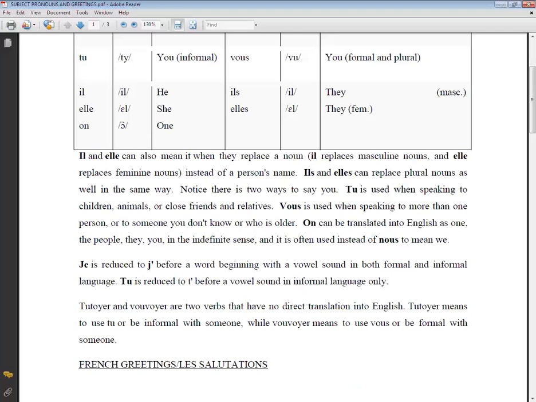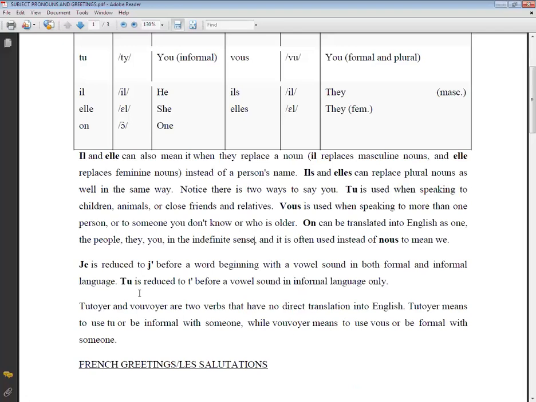Je is reduced to j apostrophe before a word beginning with a vowel sound, in both formal and informal language.